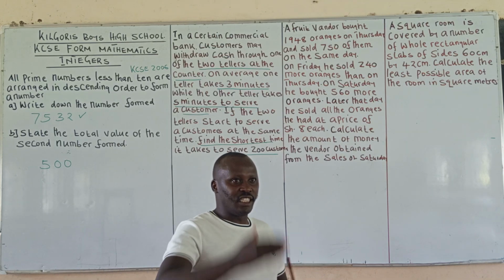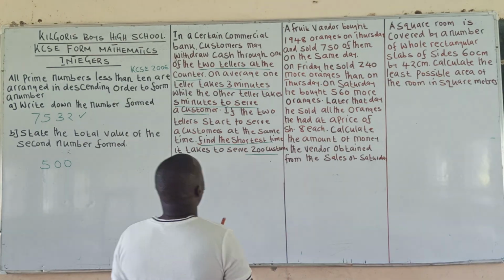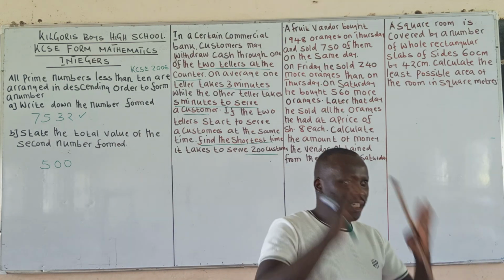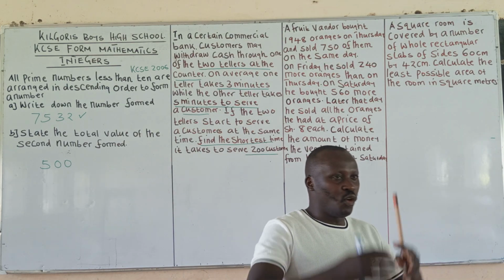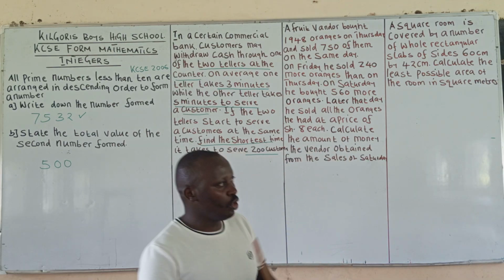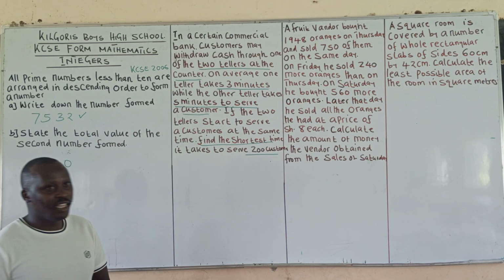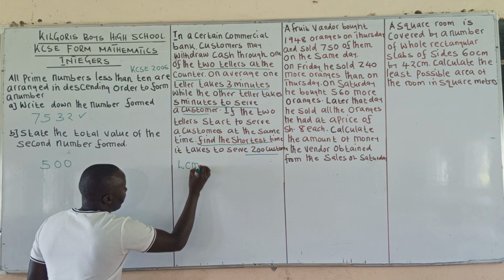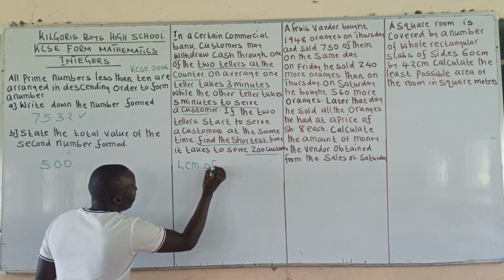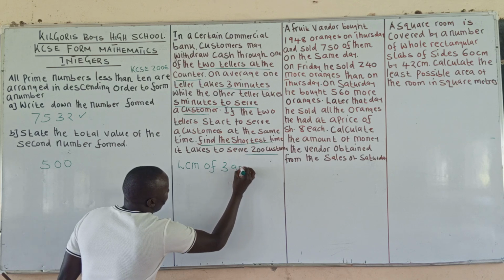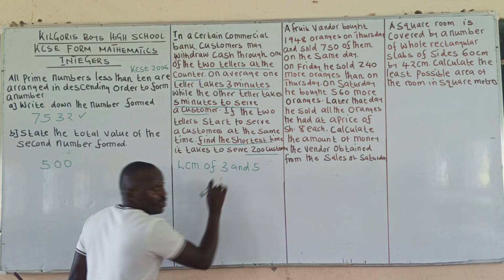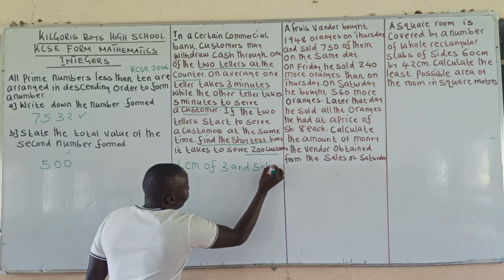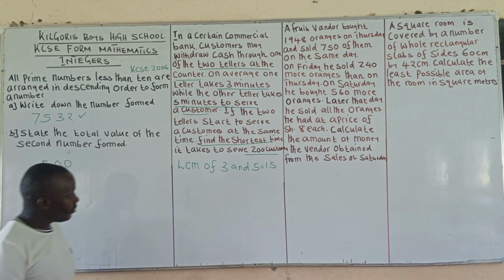This is KCSE 2009. The question was testing the concept of the LCM. So find the LCM of 3 and 5. You just take 3 times 5, and the LCM is 15.